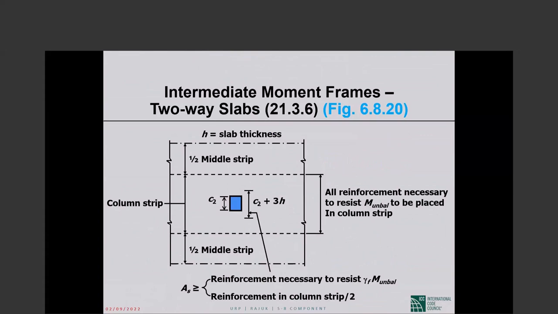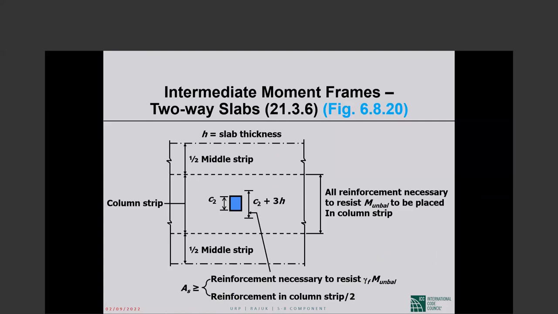Now, for intermediate moment frames, in addition to saying that you shall place reinforcement needed to carry gamma sub F times the unbalanced moment within this narrow moment transfer band, we are saying that at least half the column strip reinforcement must be placed within that narrow moment transfer band.